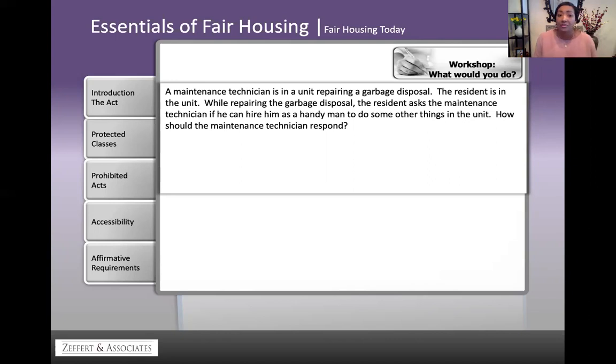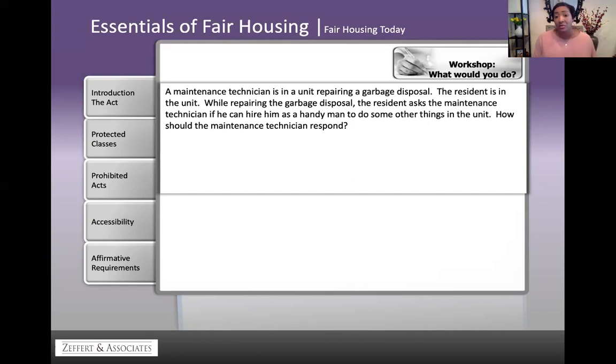Well, yet again, those are things that you are not hired at that property to do, responding to or allowing a resident to hire you as a handyman to do some other things in the unit. You are there in the role of your employer. You are there to fulfill that work order and move on to the next unit.